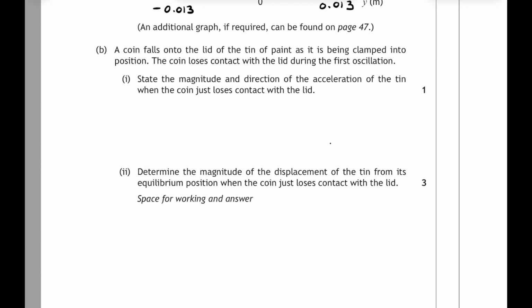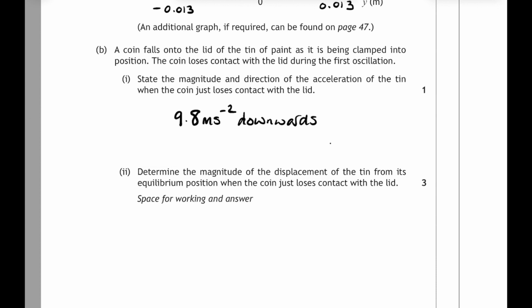So as the displacement increases, the acceleration is going to increase, but the coin is only resting on the top of the tin, and therefore when the acceleration of the tin reaches 9.8 meters per second squared downwards, the coin is going to lose contact with the surface of the tin.